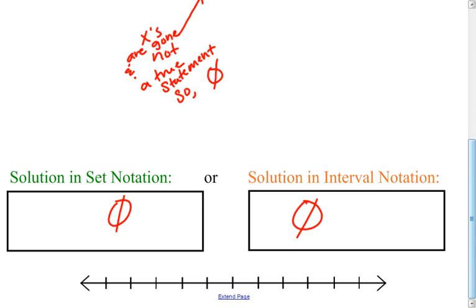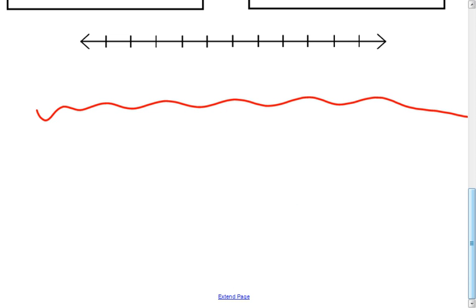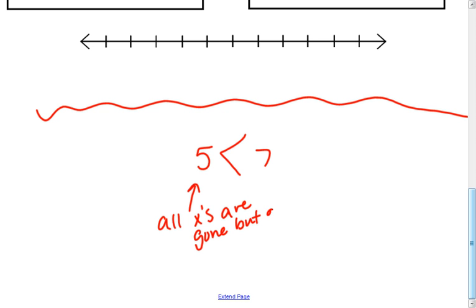Okay? However, different problem now. Let's say I did all of that work, pretend like none of that happened, and I got something like this. All my x's were gone, and I got 5 is less than 7. Okay? So here we go. All x's are gone, but a true statement.